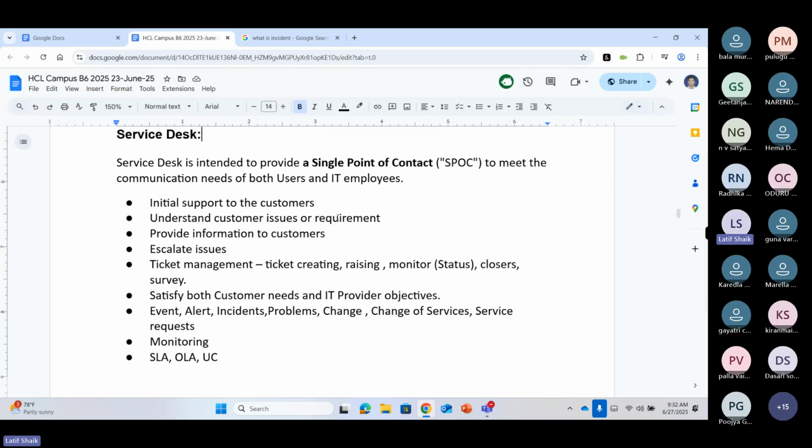Then I will get angry and frustrated. People are not frustrated by default. So understand the customer's situation, issues, and requirements first. Whether the customer is angry or friendly, understand what his requirements are. Don't give any promises, but give the proper information on why he is getting this kind of issue.